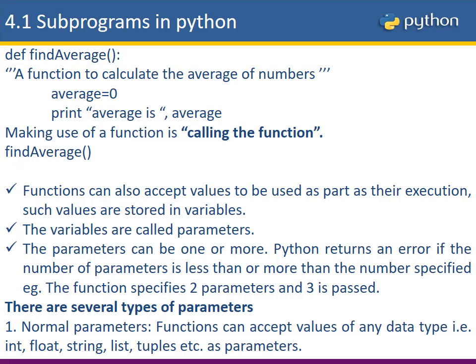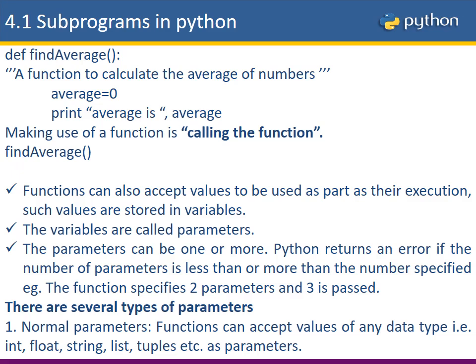Python returns an error if the number of parameters passed is less than or more than the number specified. For example, the function specifies 2 parameters and 3 are passed. We can see this from the example.